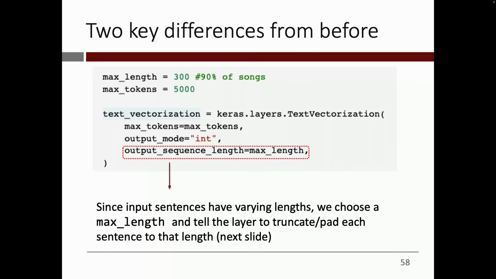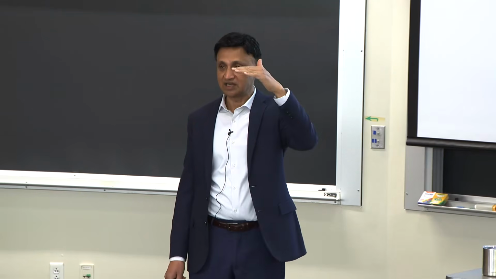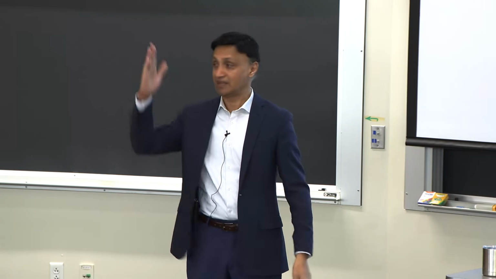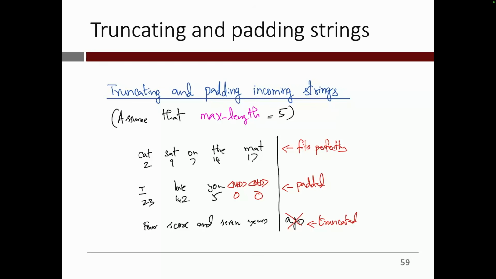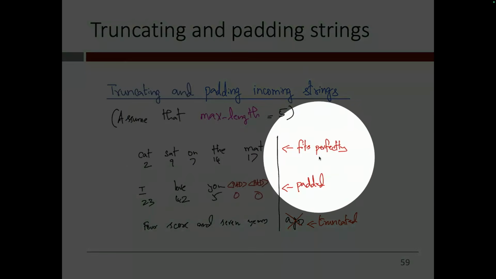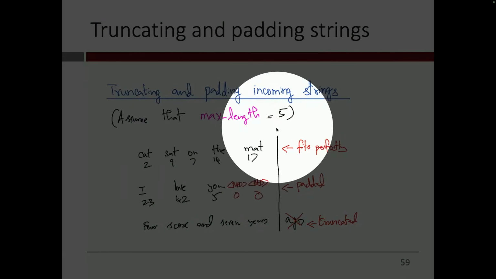And then all the incoming sentences are going to have different lengths. So we want to take all these sentences and normalize them so they are of the same length. The way we do that, very quickly, is we choose a maximum length for the sentences. Let's say in this case we want a max length of 5. Cat sat on the mat is exactly 5. Boom, fits perfectly.